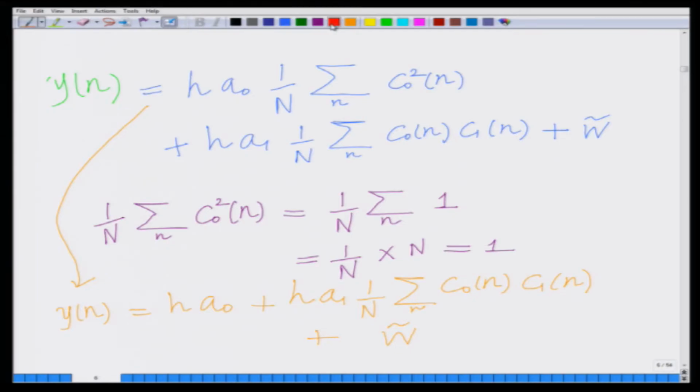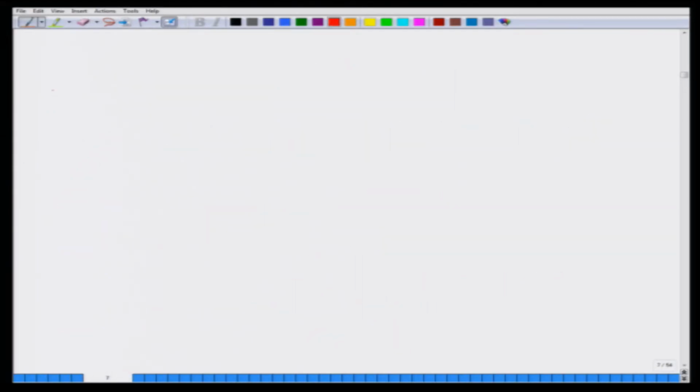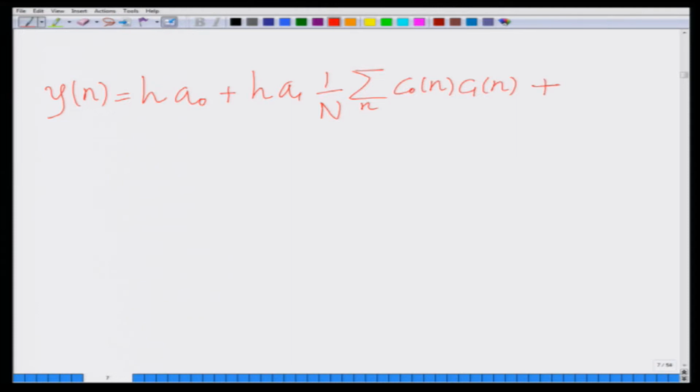So, we have the final expression. Let me write this again. We have y of n equals h a naught plus h a 1 over n summation over n c naught n c 1 n plus w tilde.